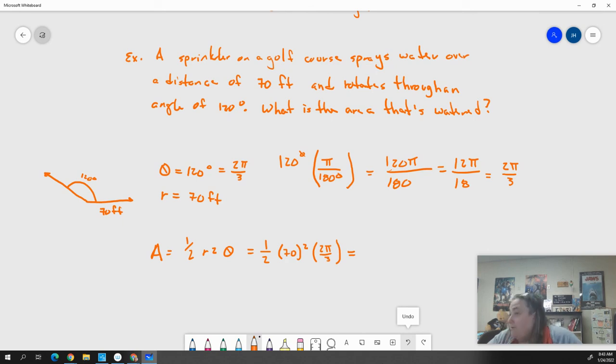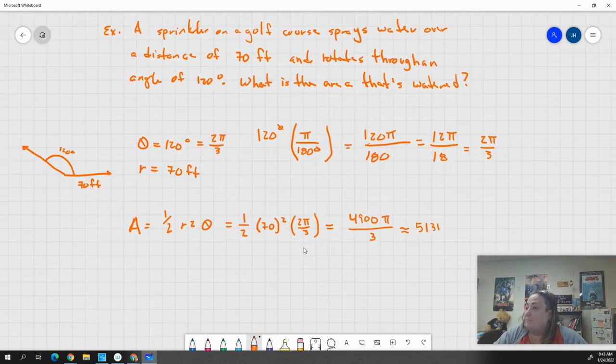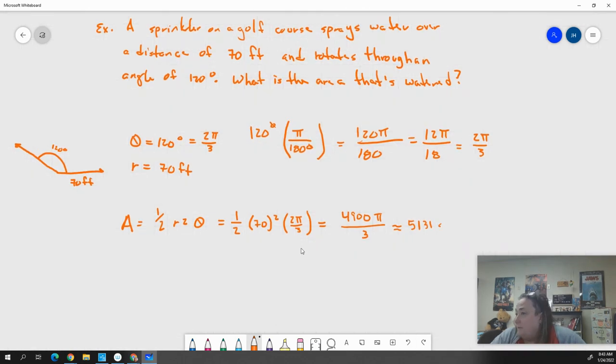I'd go 4,900 pi over 3, right? When you plug that into your calculator, you're going to get approximately 5,131 square feet.